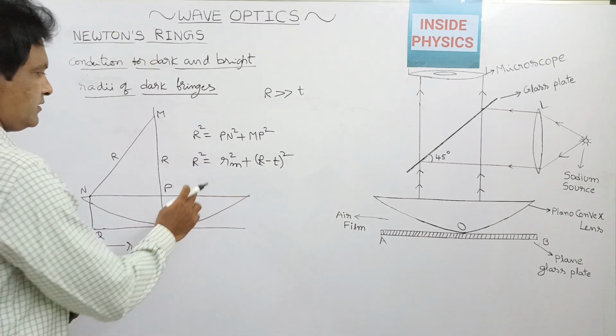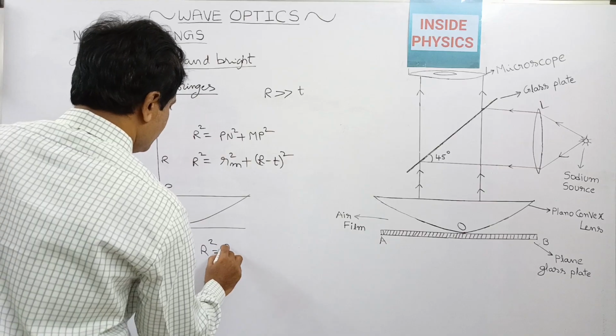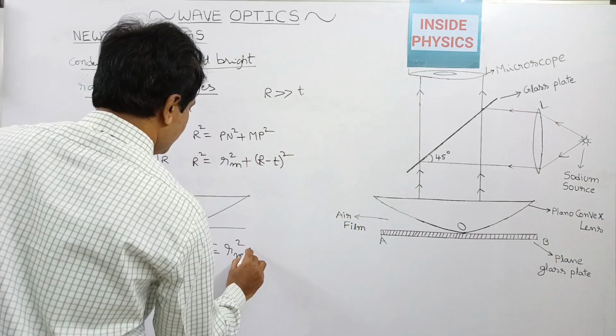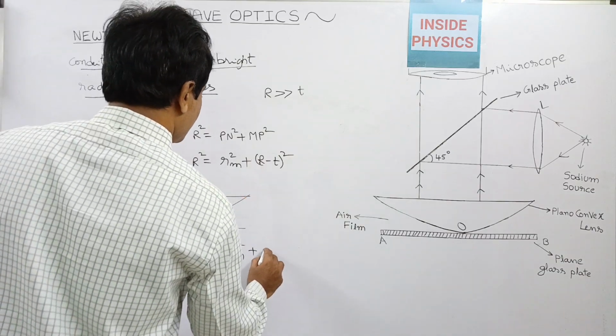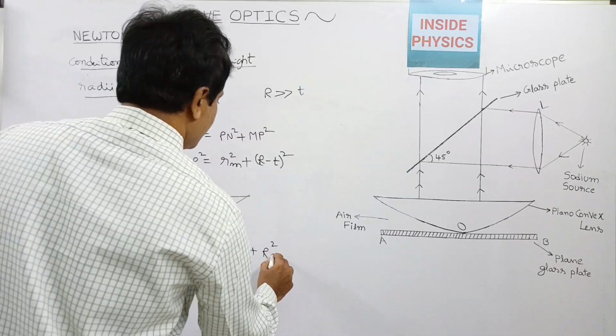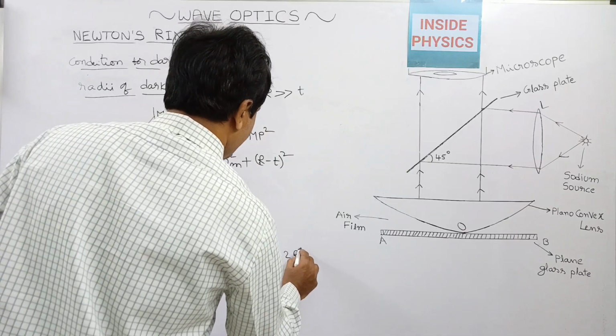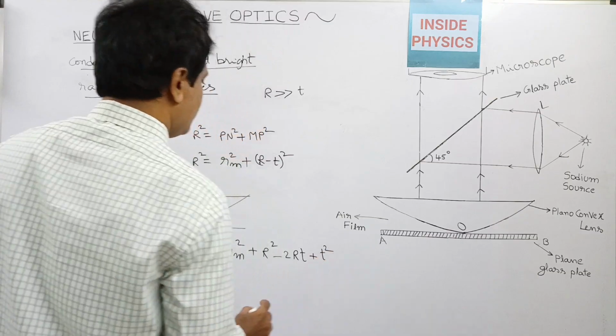So with this we can write R square is equal to Rm square plus R square minus 2Rt plus t square.